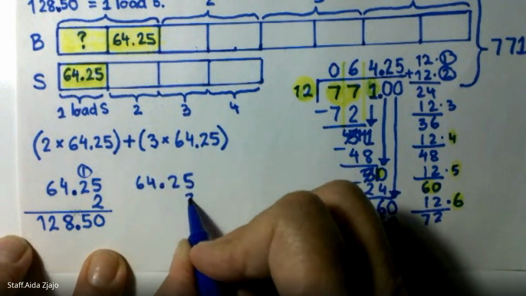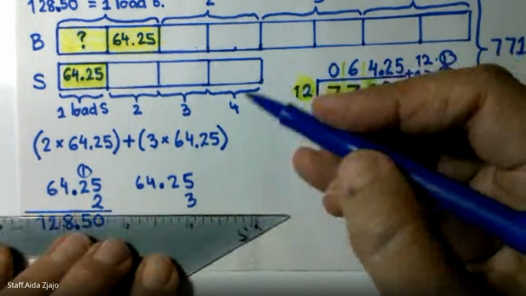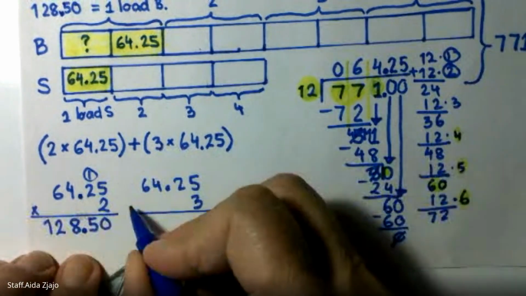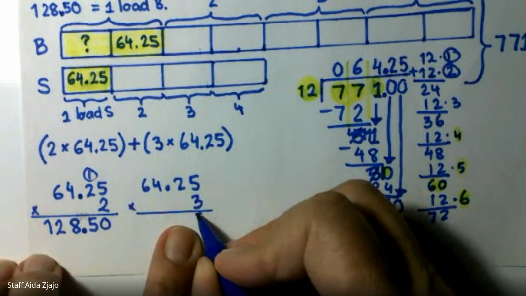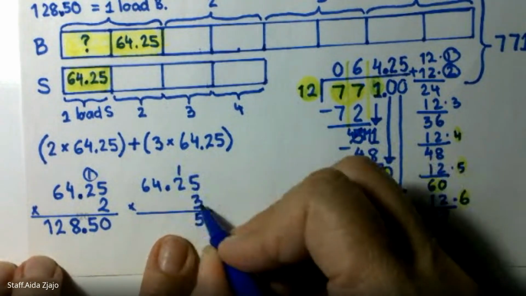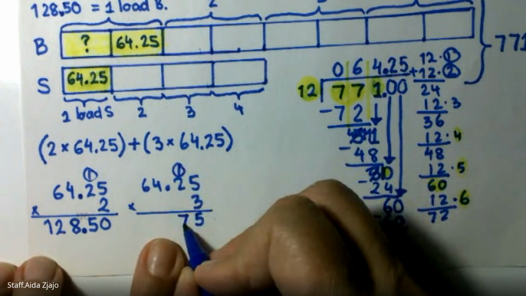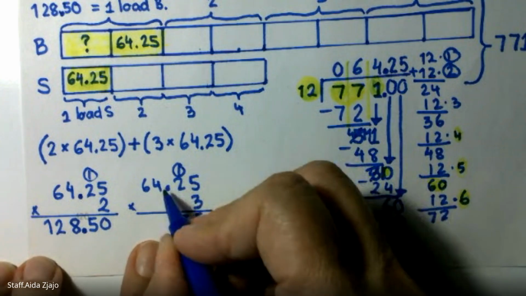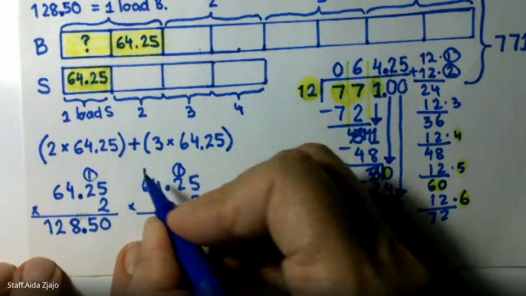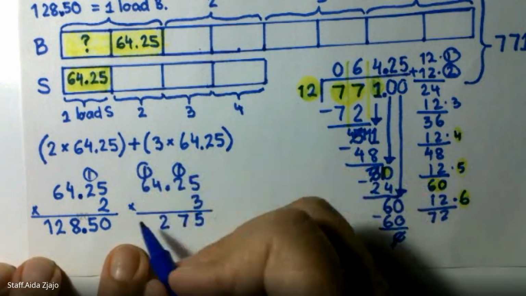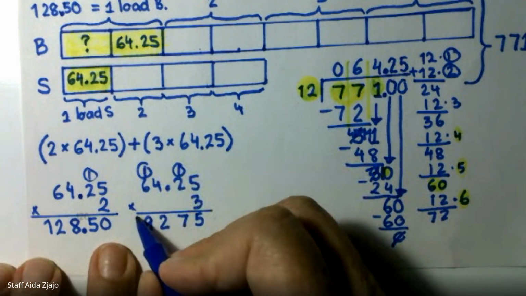Okay, and then now we can add one more of the value, or we can practice multiplication. 64.25 times 3. Okay, so 3 times 5 is 15. Remember 1. 2 times 3 is 6, plus 1 is 7. 4 times 3 is 12. I remember 1. 3 times 6 is 18, plus 1 is 19.